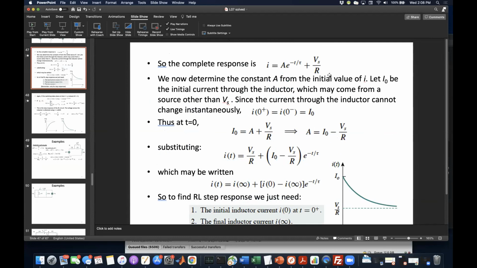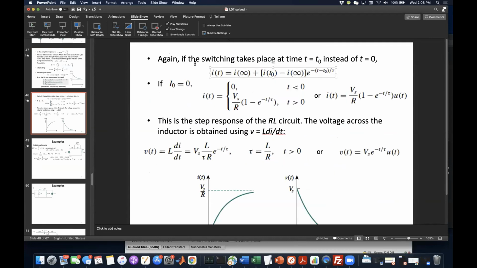Okay. So this is the relevant equation here. If the switching takes place at time t equals t0, then you have to update your general form. So your initial condition is not time equals 0, but rather time equals t0. And you have to shift the transient.